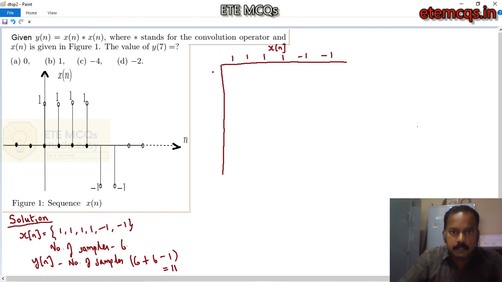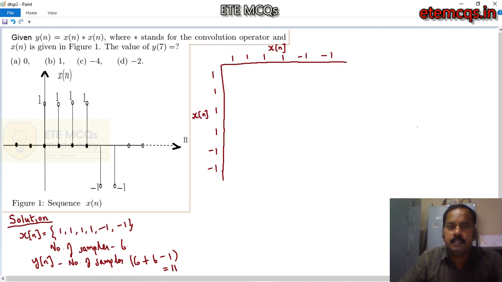Likewise here it is 1, 1, 1, 1, -1 and -1. Since y of n is x of n convolved with itself, you will have the same set of values along the rows as well as the columns.